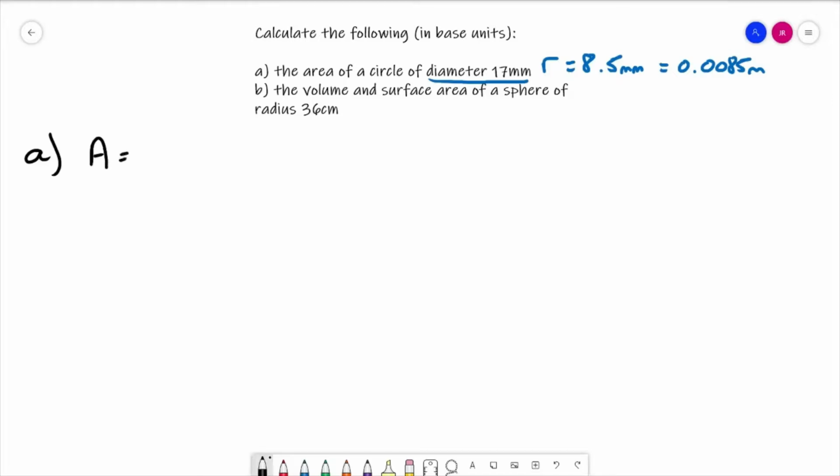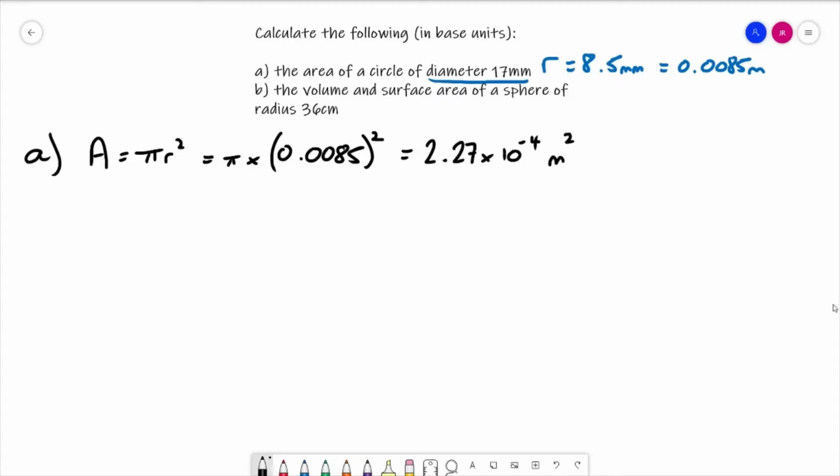Now for area, we know that we've got pi r squared, so it's pi times 0.0085 squared. And when we get the answer to that, we end up with 2.27 times 10 to the minus 4 metres squared.